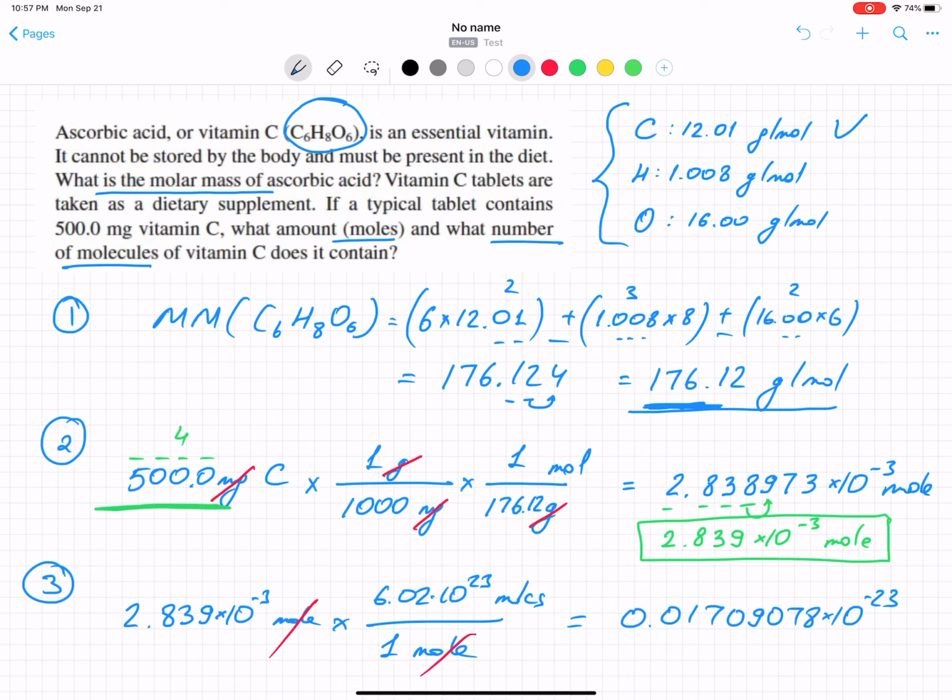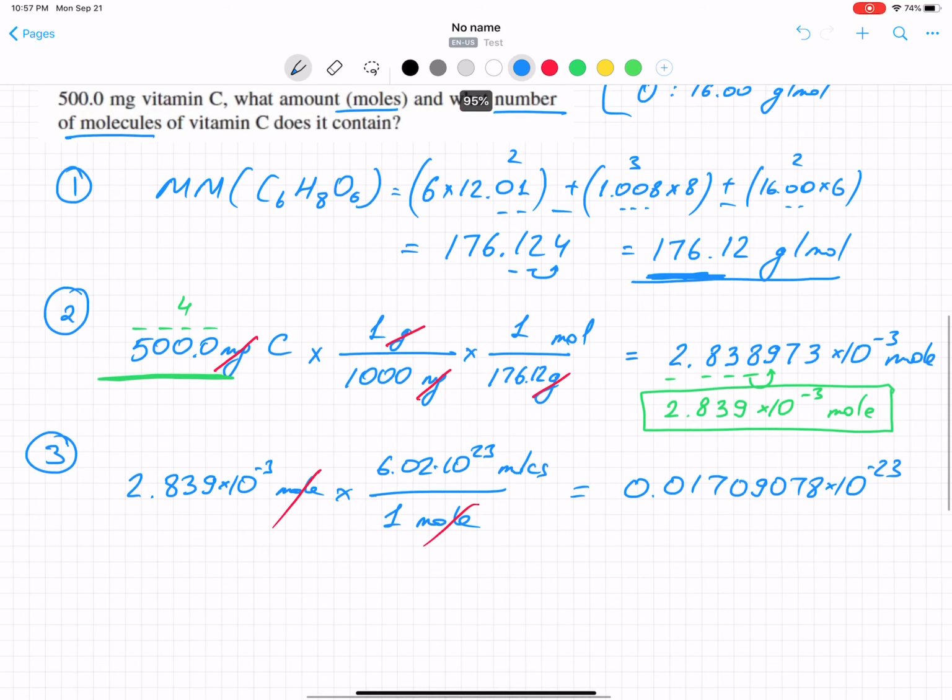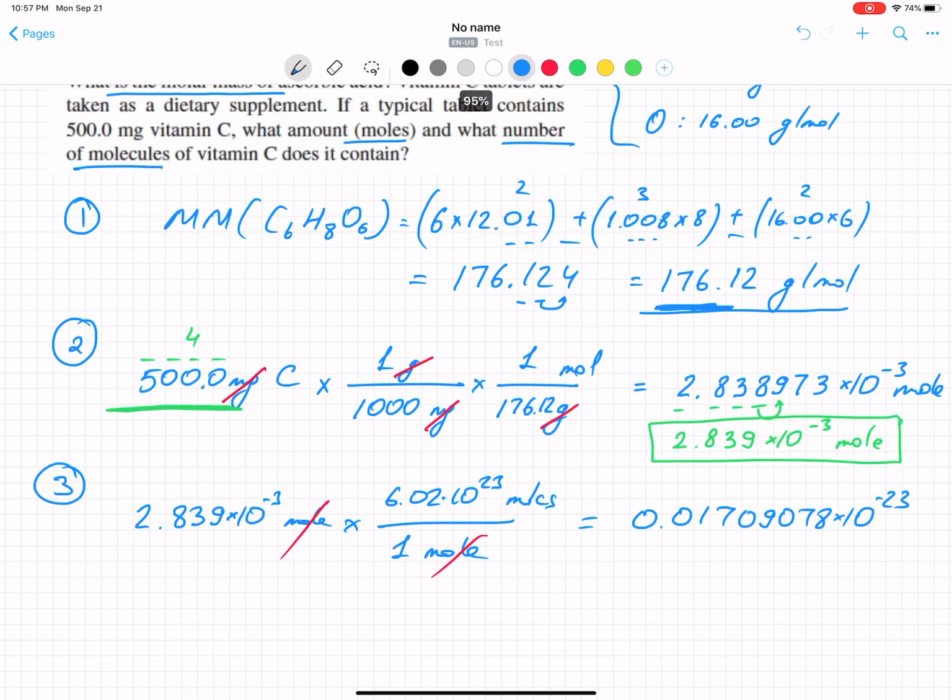Now we cannot display this as a number because it's not in scientific notation. So we're going to move this decimal point twice to make it 1.7, right? Now we need to look at how many significant figures there are. Since your problem starts with 4 significant figures, your answer should always be 4.